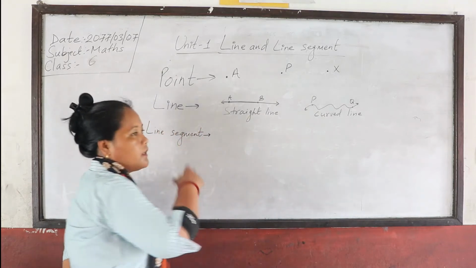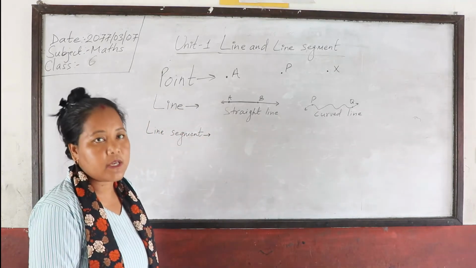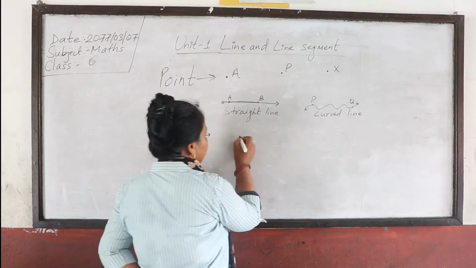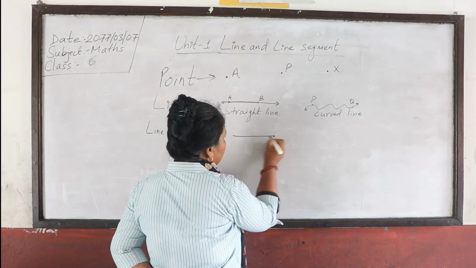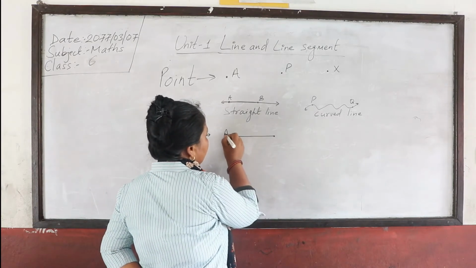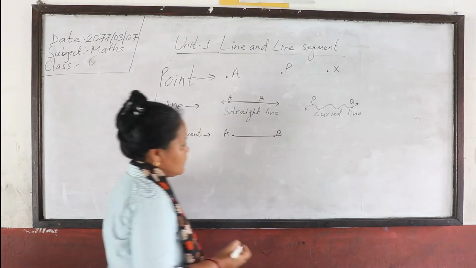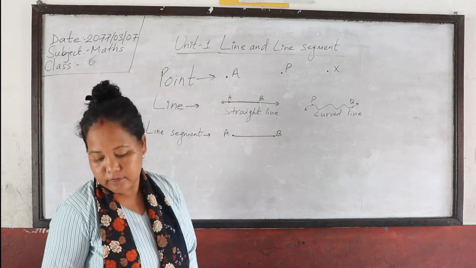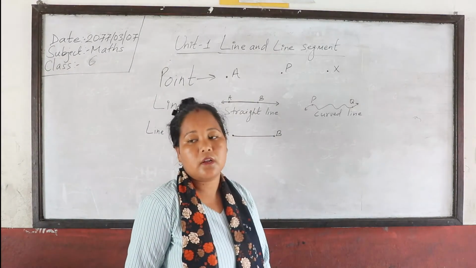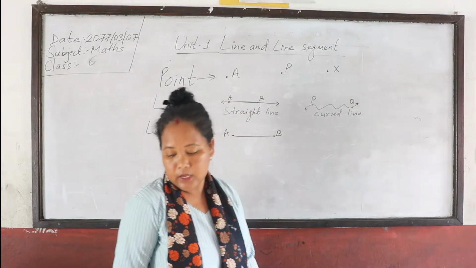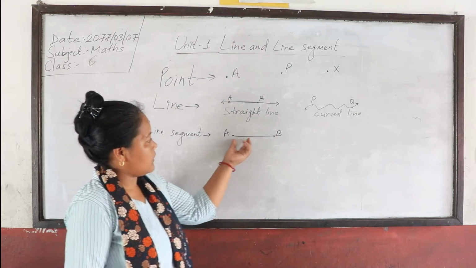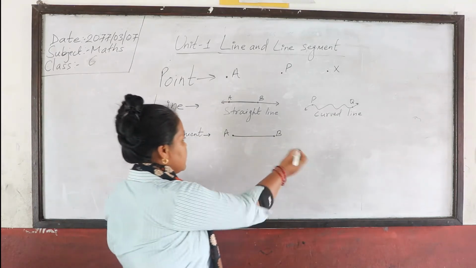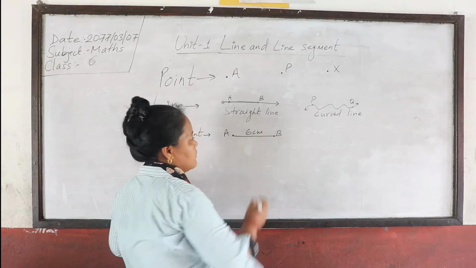A line segment is a line which has fixed points and fixed length. AB. A line segment has a particular measurement. A line segment AB has a particular measurement. It is 6 centimeters.